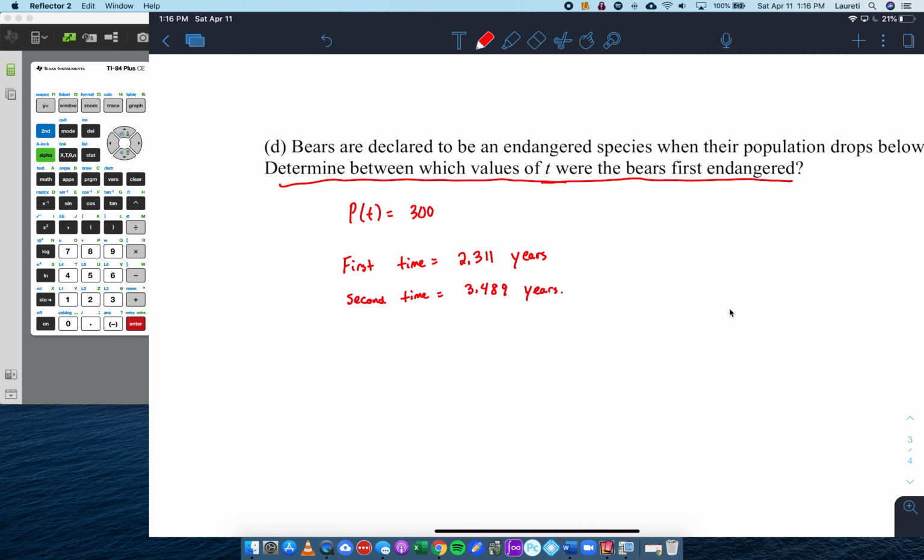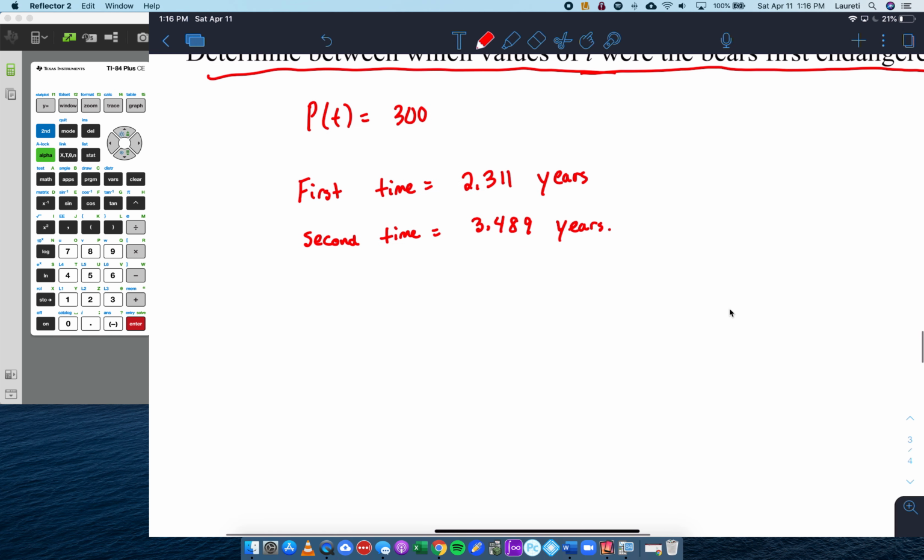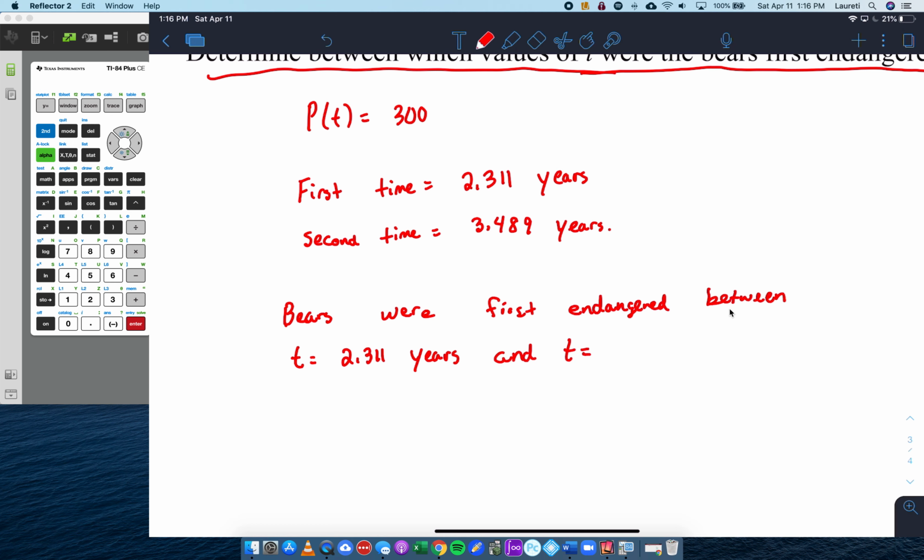I wrote that down. Now it just says determine between which values the bears were first endangered, so I'll just answer the question. Bears were first endangered between t equals 2.311 years and t equals 3.489 years.